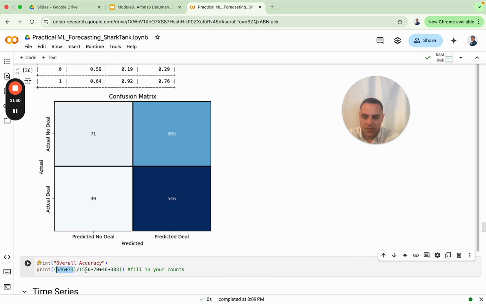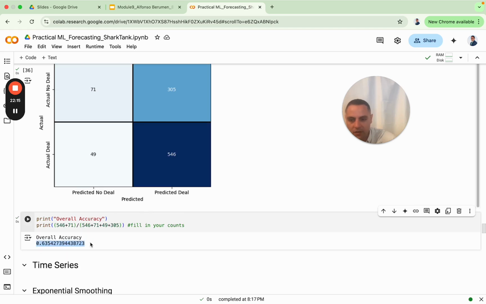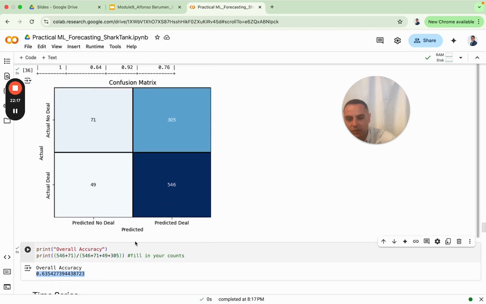I'm just going to copy that over, right? 546 plus 71, and then the balance is obviously 49 and 305. That's where we missed here, right? So I'm basically taking the hits, actual no deal, predicted no deal, and actual deal, predicted deal. Those are the hits, and we fill those in, and that gives me an overall accuracy of about 63%.